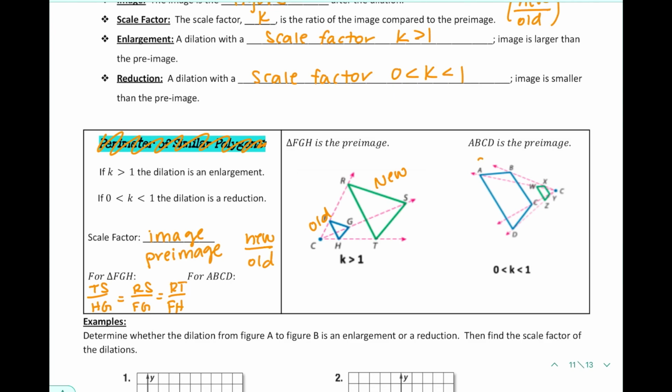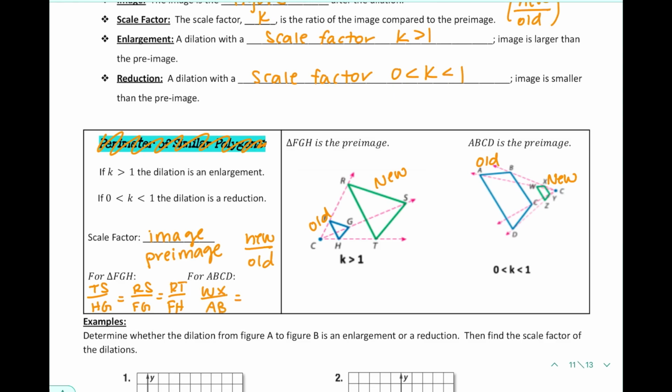And then on that second one, ABC is the pre-image or the old one, and then the little green one is the new one. So again, we can match up those sides as well. New over old, new over old. Oh, sorry, wait. New over old.